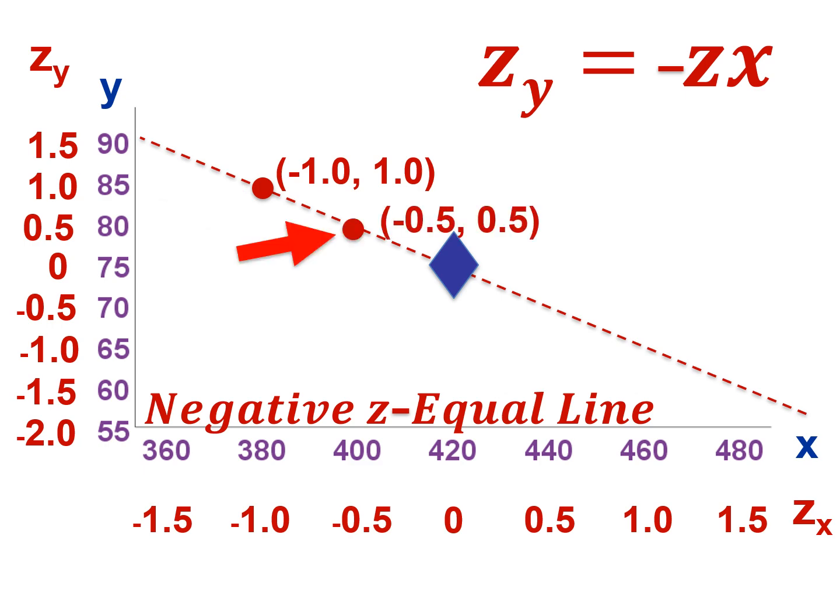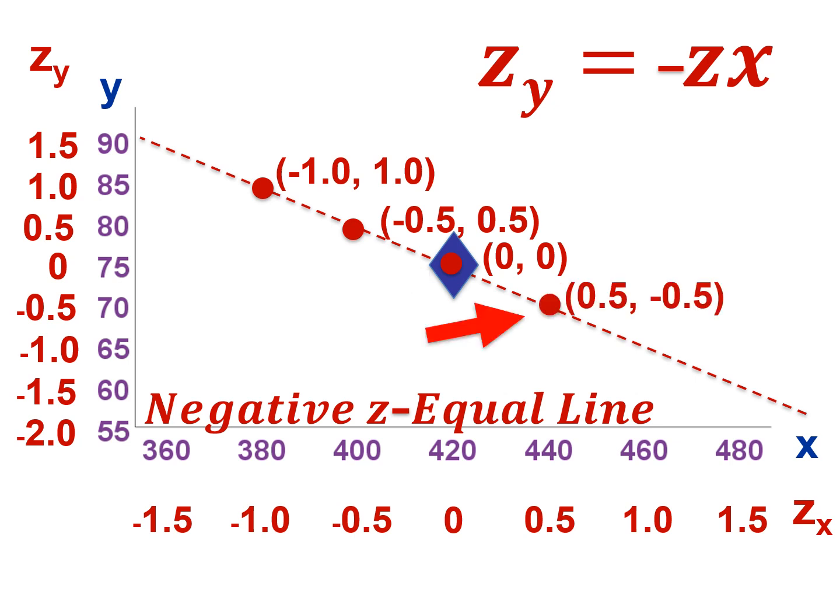Here's another point. Its coordinates are negative 0.5 and 0.5. If you multiply the first coordinate by -1, you get the second coordinate. The point of averages is on the line. The first coordinate is 0. If you multiply 0 by -1, you get 0, which is the second coordinate. Here's another point on the line, 0.5 and -0.5.